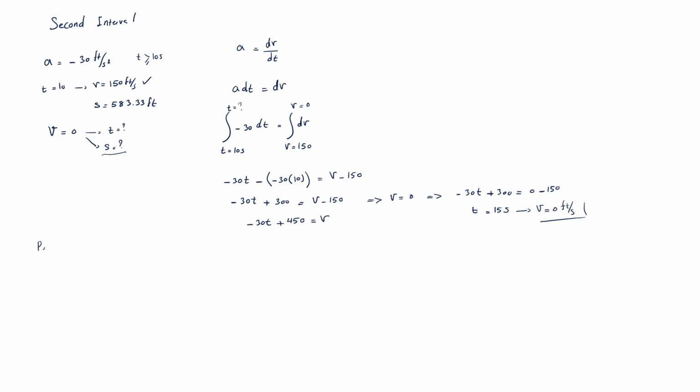For finding the position, we have v equal ds over dt. We can write v dt equal ds. What is the velocity? Minus 30 times t plus 450, dt equal ds.